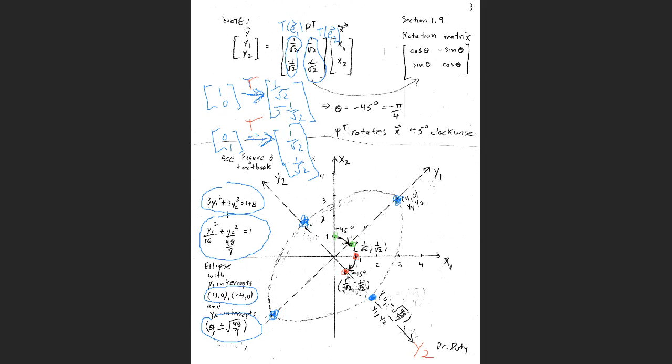How many think this is an absolutely beautiful application for Chapter 7? The fact that orthogonal diagonalization allows you to do this. Eleanor loves it. Catherine thinks it's beautiful, very beautiful. It is. It really is.